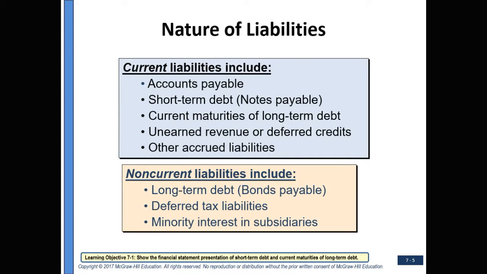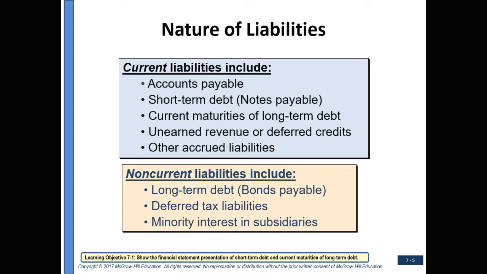Common current liabilities include accounts payable, short-term notes payable, which is short-term debt, the current portion or the current maturity of long-term debt, so the amount of principal attached to the long-term debt that will be satisfied in the next year, unearned revenues or deferred credits, and other accrued liabilities.